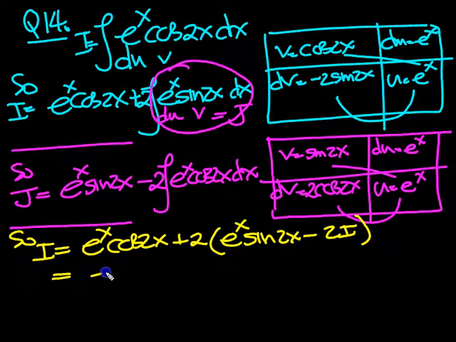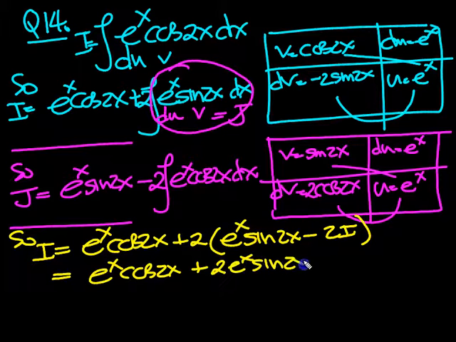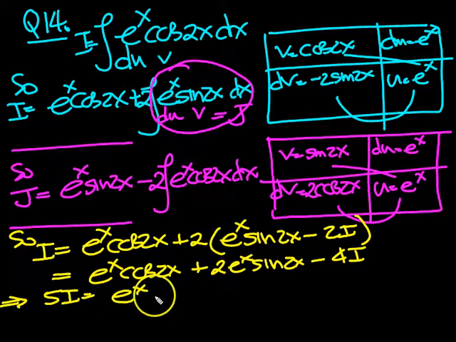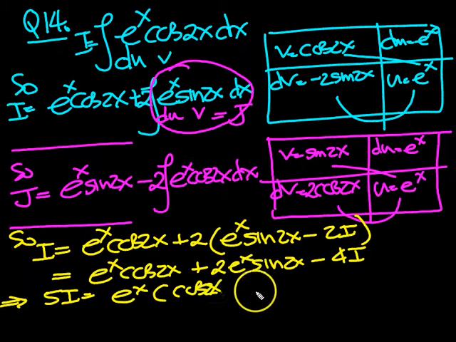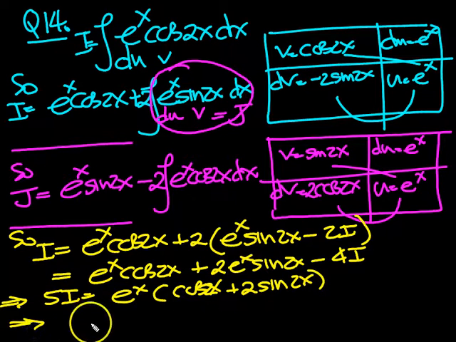So that's equal to e to the x cos 2x plus 2e to the x sine 2x, and then it would be minus 4I, wouldn't it. So that implies then, move the minus 4I to be with the I to make 5I, is e to the x, and then you take that outside the bracket, cos 2x plus 2 sine 2x, and then the last line.